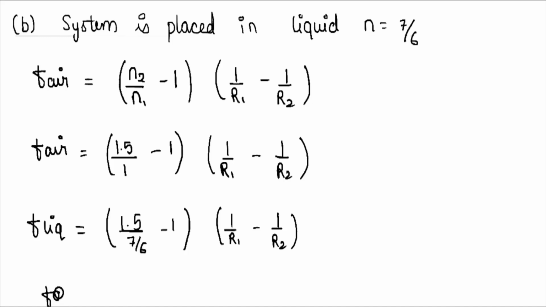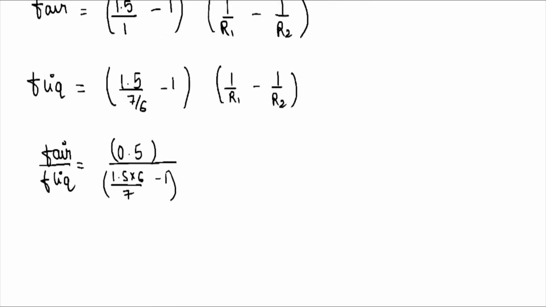So f air over f liquid will be 0.5 divided by 1.5 into 6 divided by 7 minus 1. If we calculate f liquid from here, it will approximately be equal to 70 by 4. We know f air is 10 centimeters, so f liquid will be 70 by 4 centimeter.